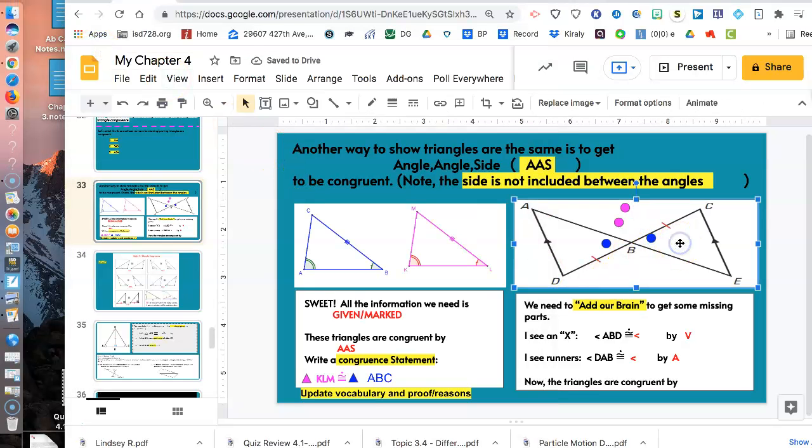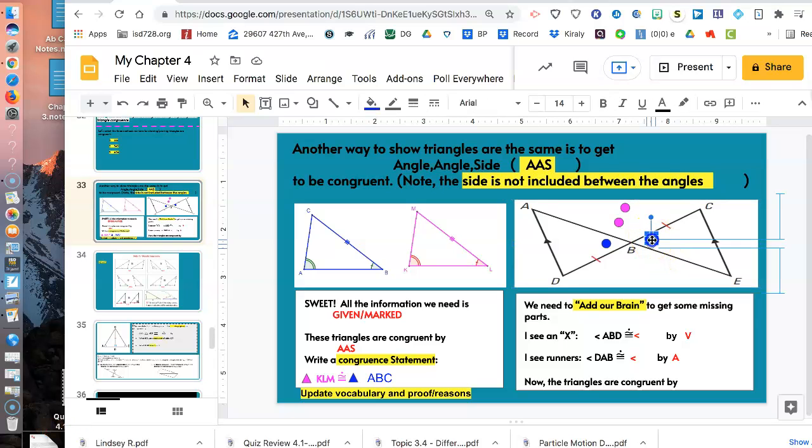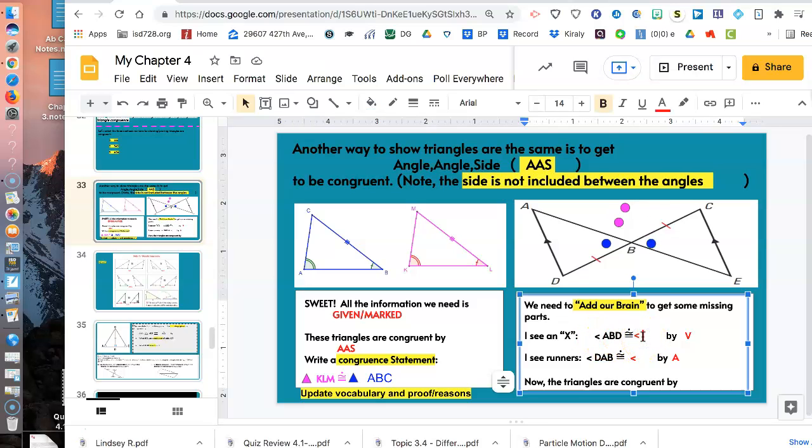So I know I've got some angles in there congruent by the vertical angle theorem because I saw the X. So I can say ABD is congruent to, let's type it in and match our corresponding parts, EBC by vertical angle theorem. That one's really easy to spot.